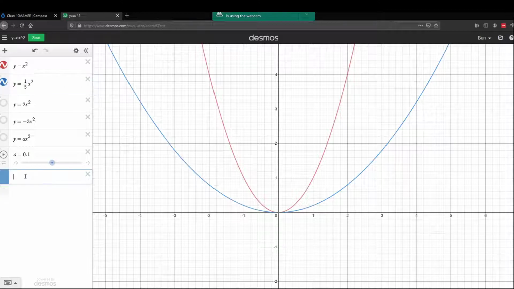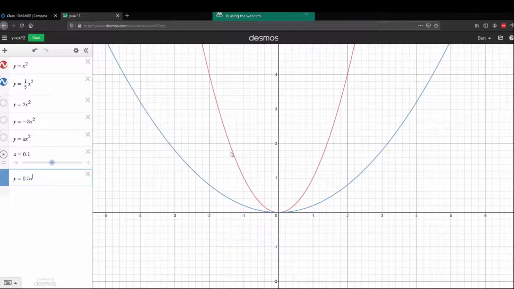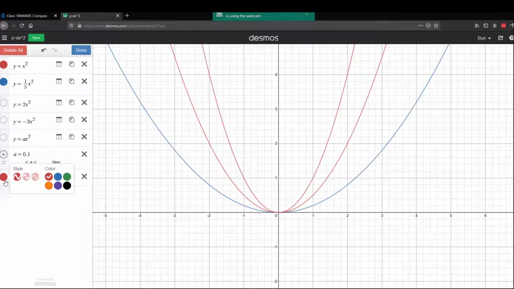Let me create another one. If I go y equals, let's say, 0.5x squared, you can see this graph here. I'm going to change the color to green. The green graph is again wider than our original graph, which is y equals x squared.